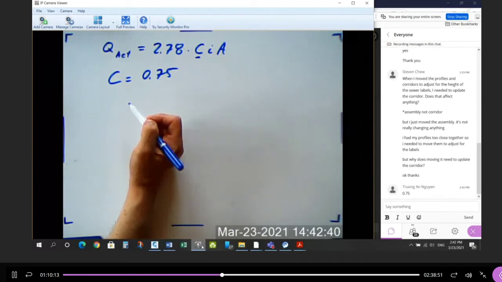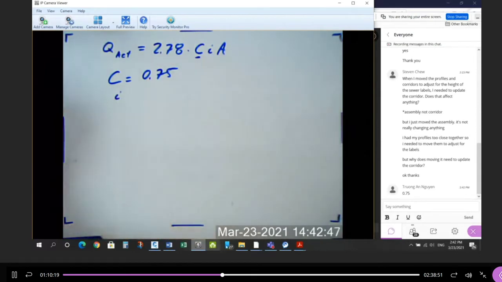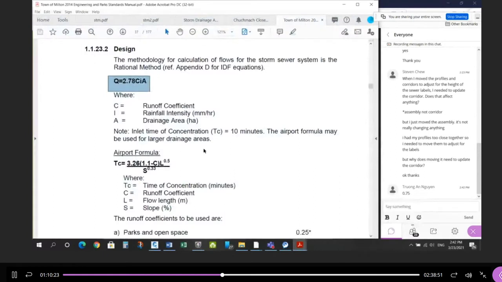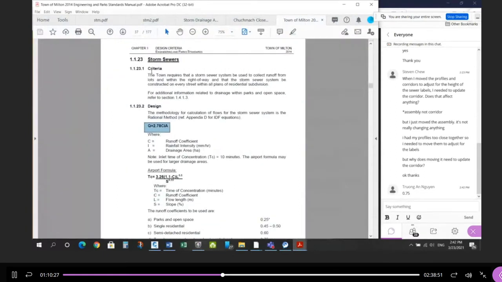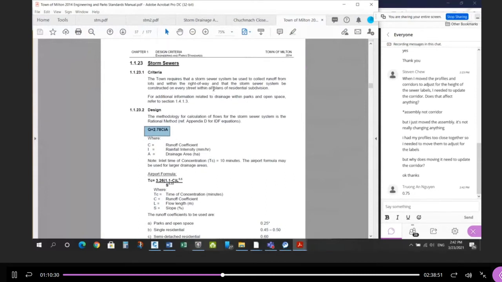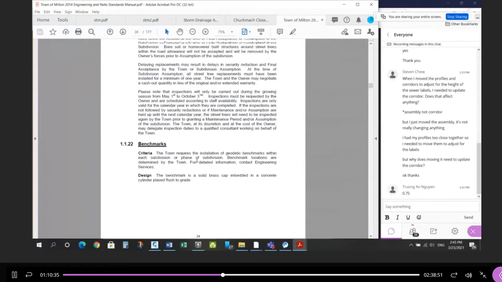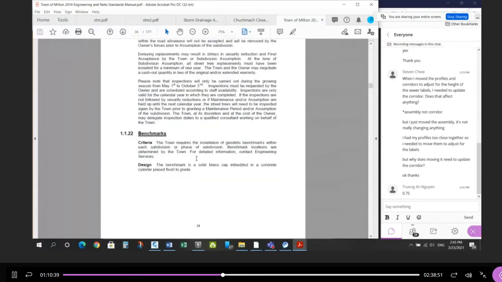Let's also look at the intensity. So the intensity I, it says that we should design the sewer for, it tells you, I believe it's the 5-year storm. No, not streets, benchmark, sorry.